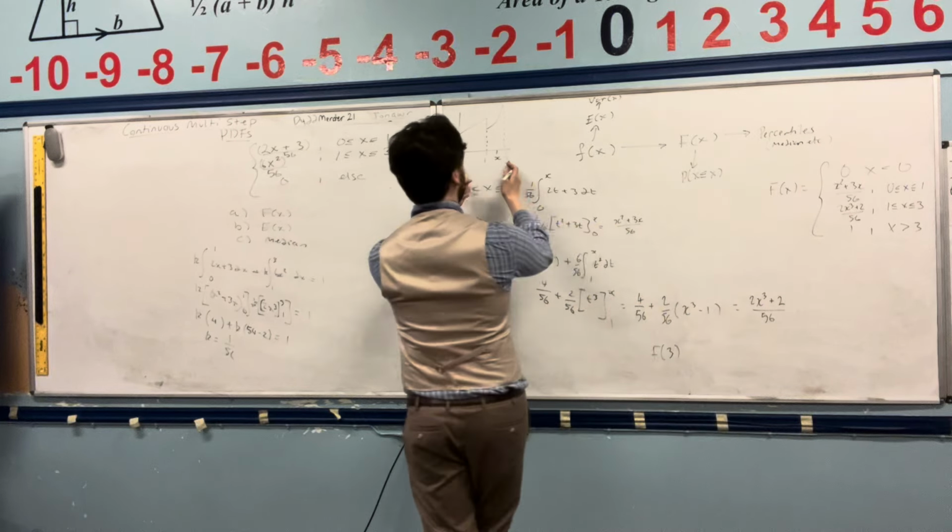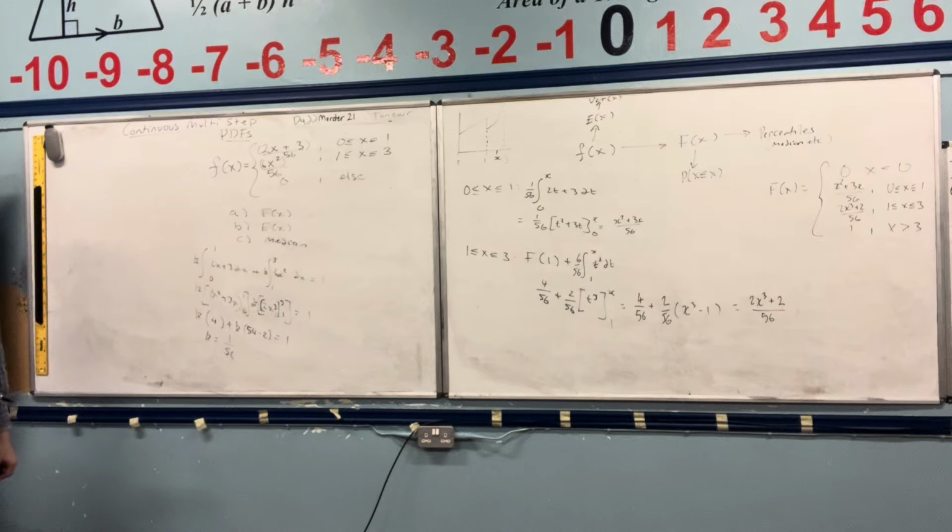Right then, let's calculate E of x. So E of x, which one does it use? Does it use small f of x or big F of x? Do I use this one or do I use that one? Yeah, use small f of x, exactly.